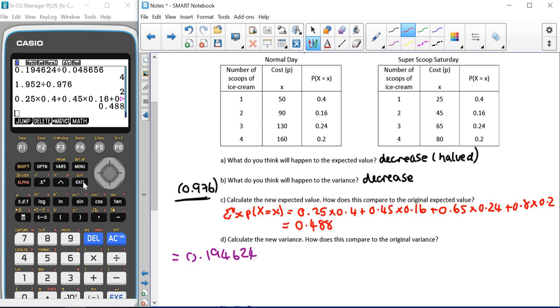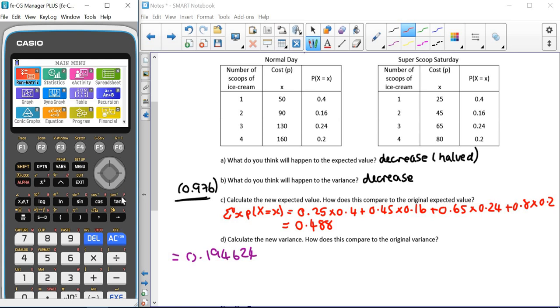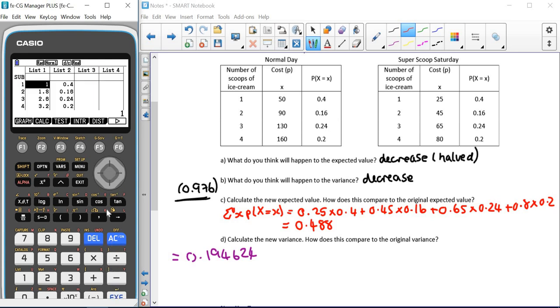Now I'm going to show you a quick way to have a look at this. If you go into the stats function, and put in the costs of the ice cream, so our 0.25, our 0.45, our 0.65, and 0.8, and you can see I've already put the probabilities into the list too.